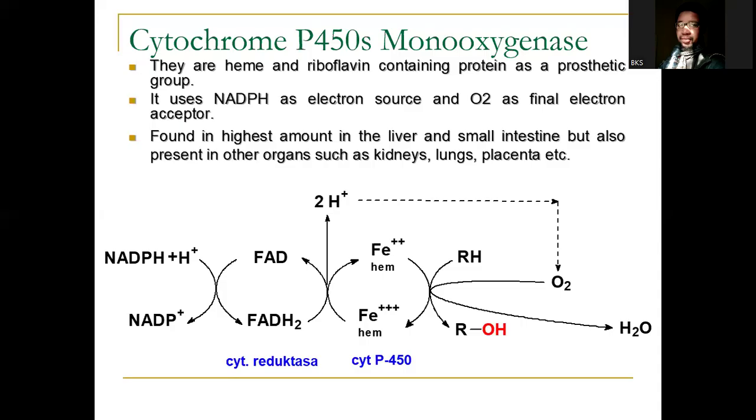It uses NADPH as an electron source and oxygen as the primary electron acceptor. Like we said, it is found mostly expressed in the liver and small intestine, and in some other cases in the kidney, lungs, and placenta, mostly placenta.